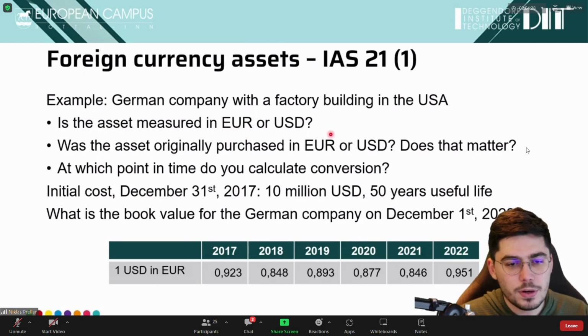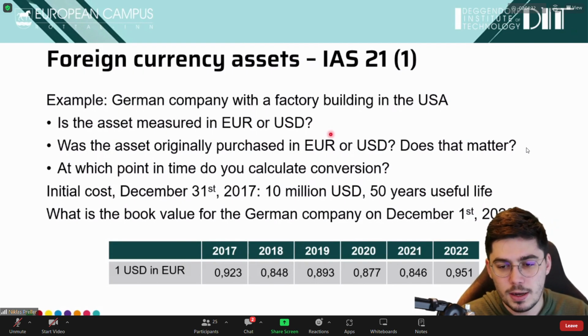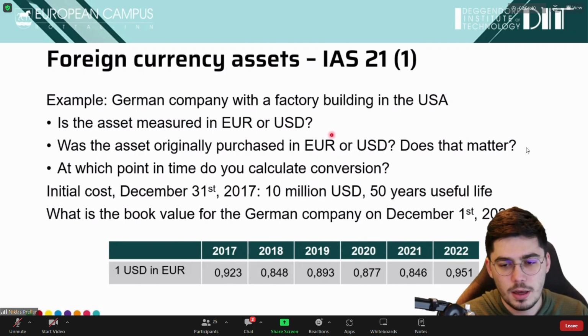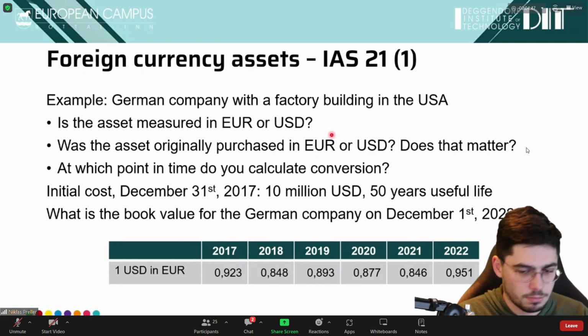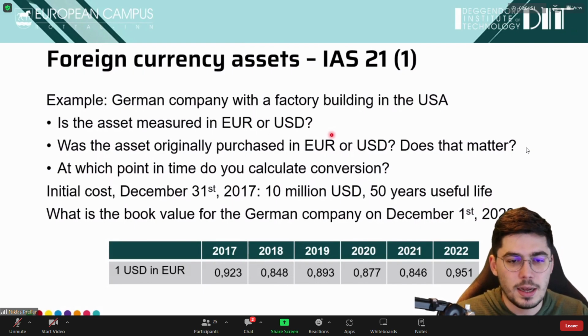There are a few exceptions to that rule. Most notably, oil companies from the Middle East mostly use the US dollar as their functional currency, because the world market for crude oil is typically denominated in US dollar.